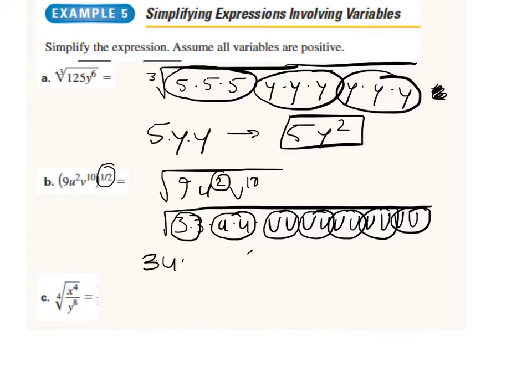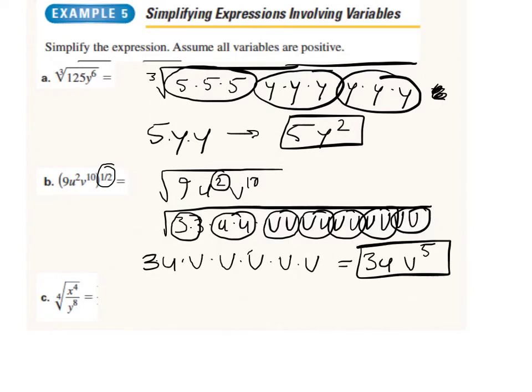So we have v times v times v times v times v. One v outside the square root representing all of our v's underneath. So we end up with 3u v to the 5th, and no square root because there's nothing left behind.